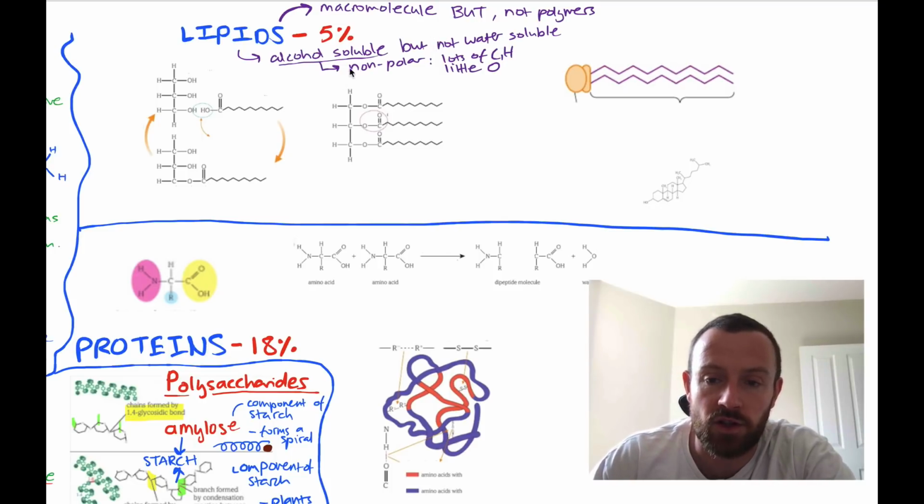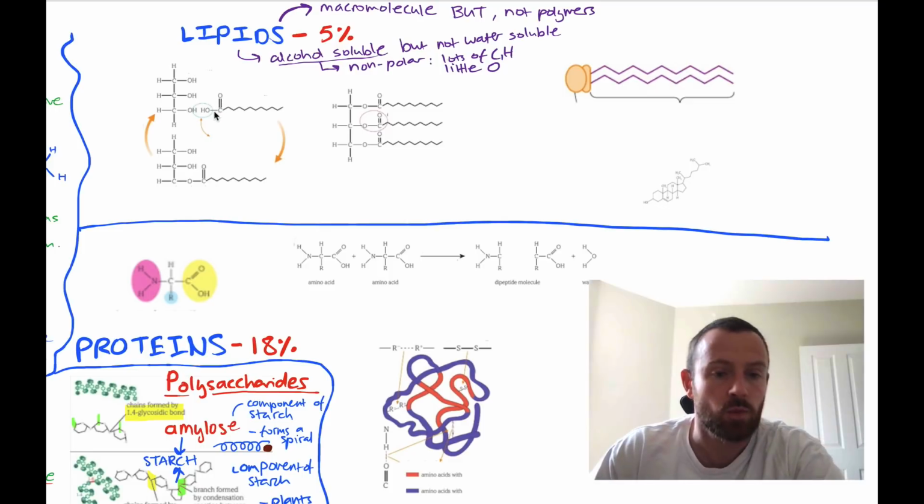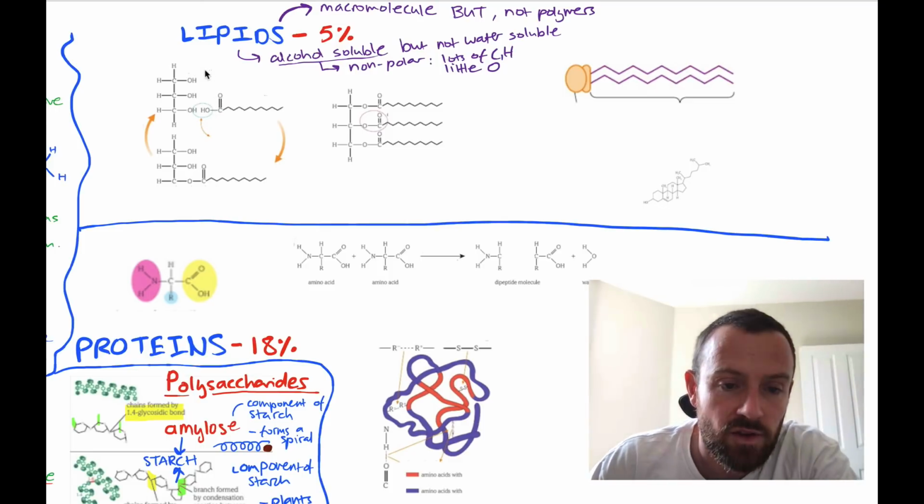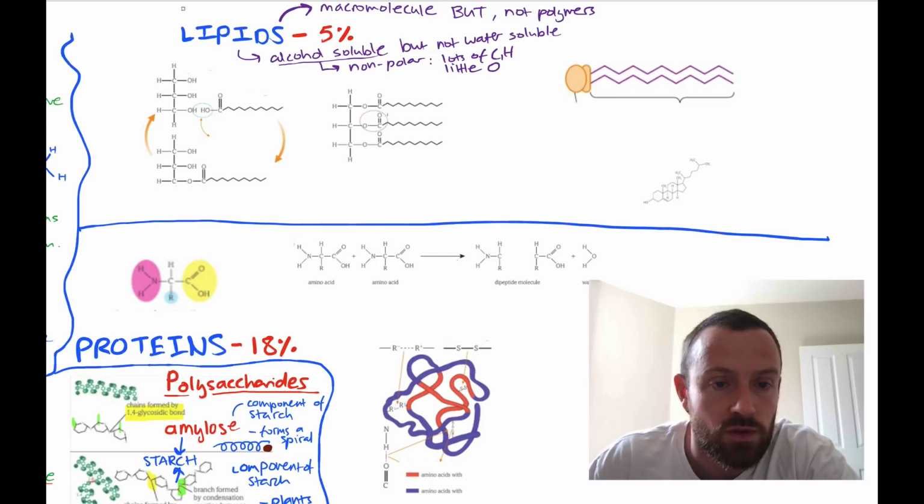Now, lipids are generally formed through condensation reactions. Here we can see a condensation reaction between two different parts of a lipid. I'm just going to highlight these molecules. Let's highlight this up here in blue.